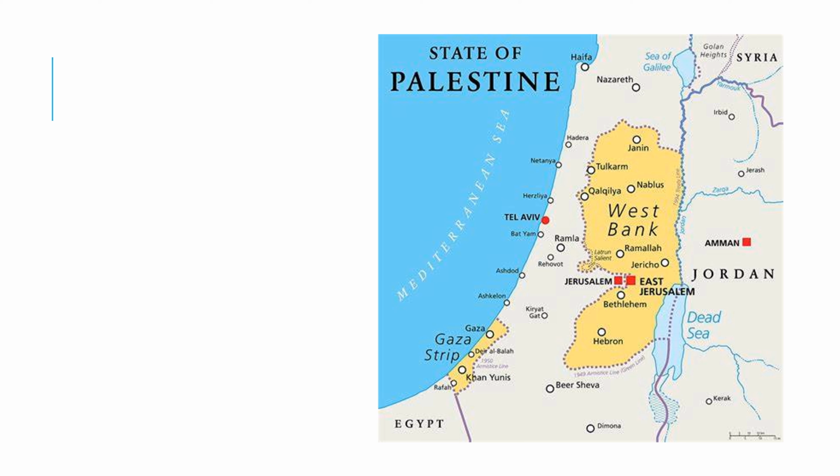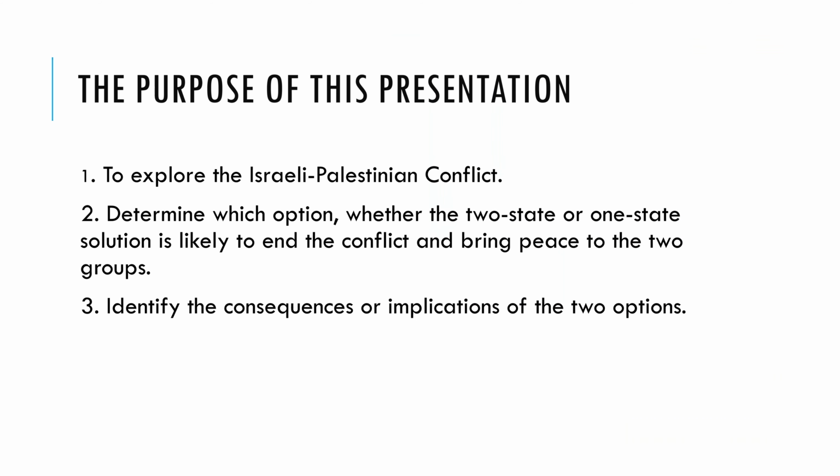Here again, you have it, the West Bank in brown and the Gaza Strip. Those are the only two places left for the state of Palestine. The purpose of this presentation is to achieve three goals. One, to explore the Israeli-Palestinian conflict.